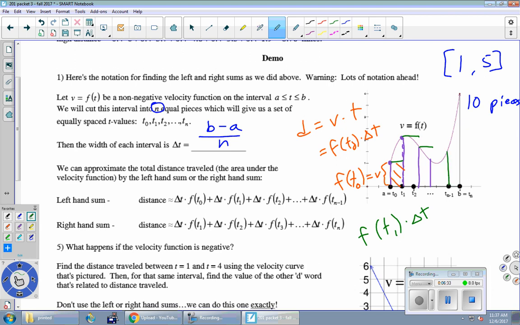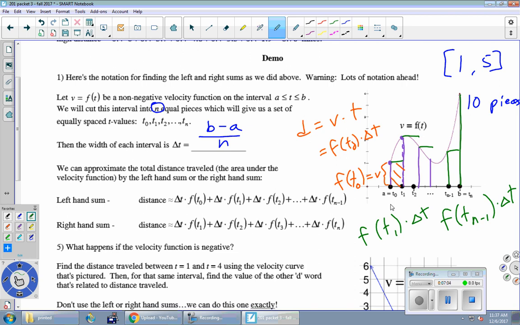So let's take a look here and here. If we are picking left-hand points in every interval, which one are we picking? The t n minus 1 or the t n? t n minus 1. In this case, it happens to be an underestimate. We don't care. We're just following our pattern. And so the very last one would be f of t n minus 1 times delta t, just following our pattern, right? And so each of those little expressions represents our estimate for the distance we travel in that little time interval.